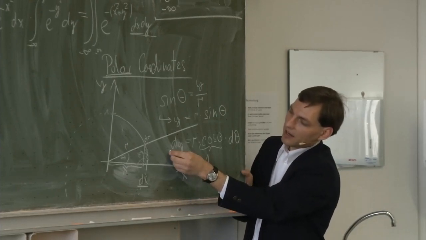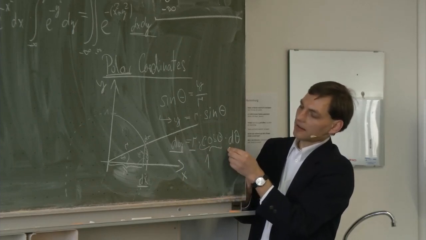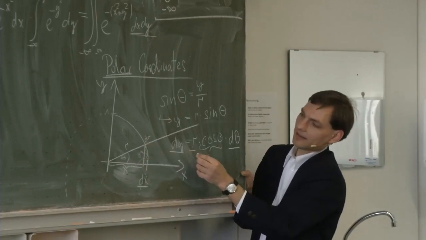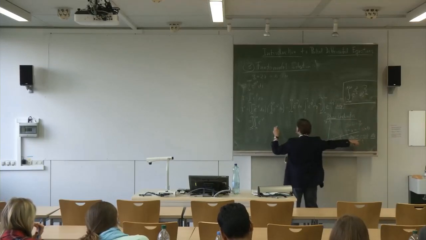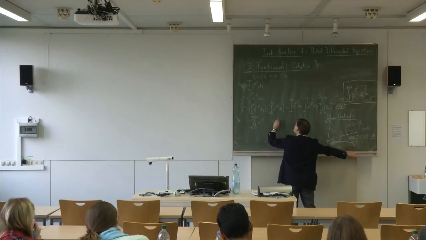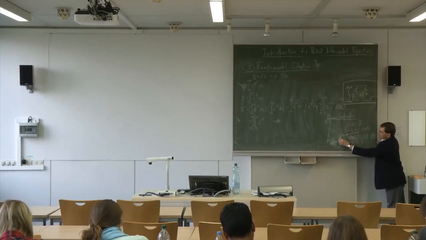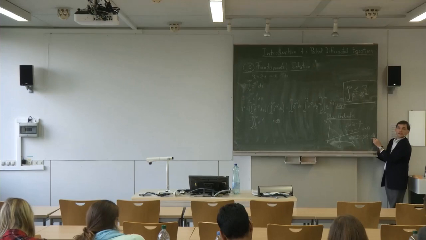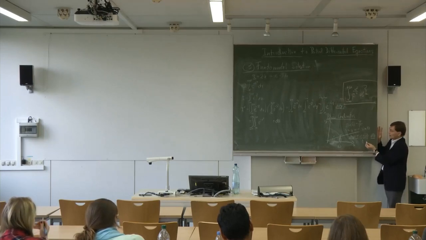So what we can say and see from here is my dy can be written as r times d theta. This length is this dy, and for this dy, I can write r d theta, because the cosine for theta almost 0, very small, is 1.